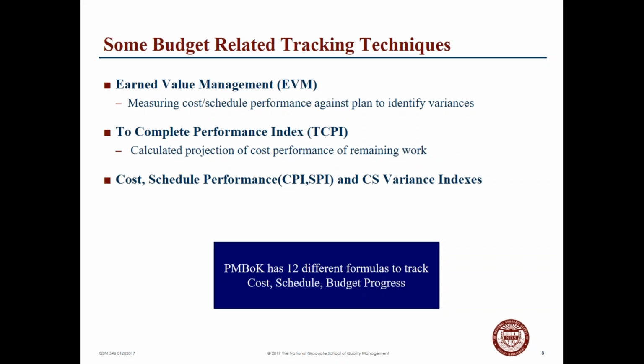And TCPI, which is calculating the cost of performance of the remaining work, what's left to be done. As you can see, the project management board has 12 different formulas to track cost, schedule, and budget process. They are covered in greater depth in the textbook.